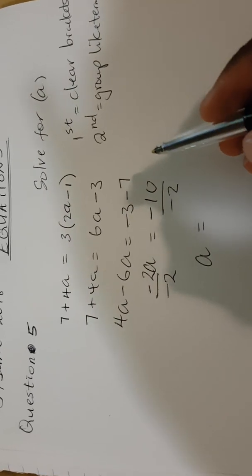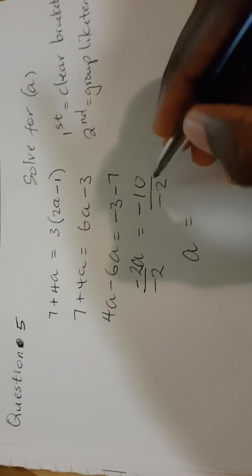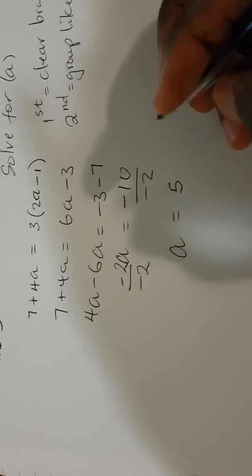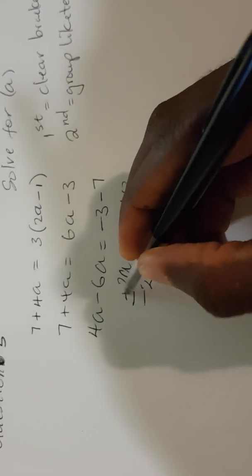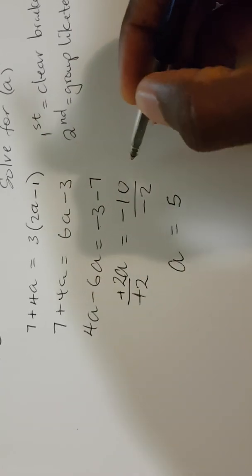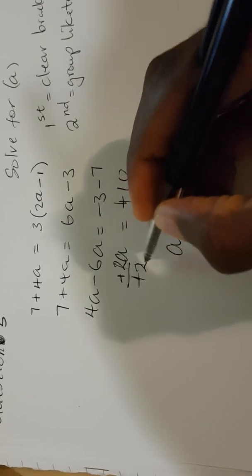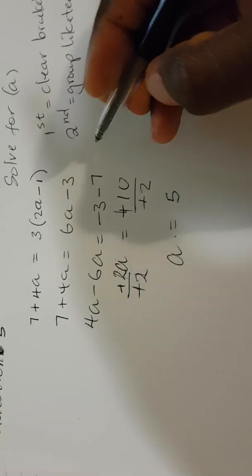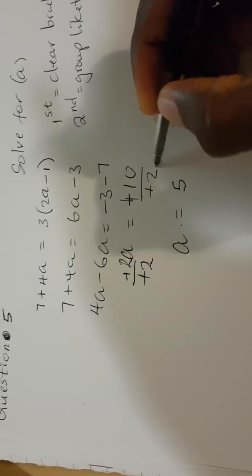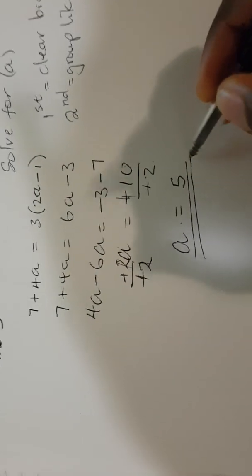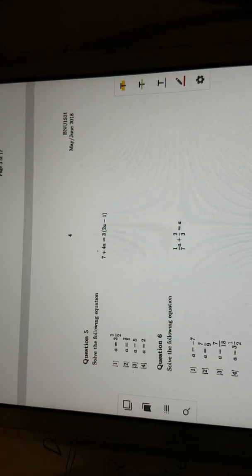And then negative 10 divided by negative 2, you will get positive 5. Okay, because negative and negative cancel. 2 into 2, it's 1, so you're gonna get a. And then 2 into 10, it's 5. So this will be your answer. So a is equal to 5, which is option number 3.